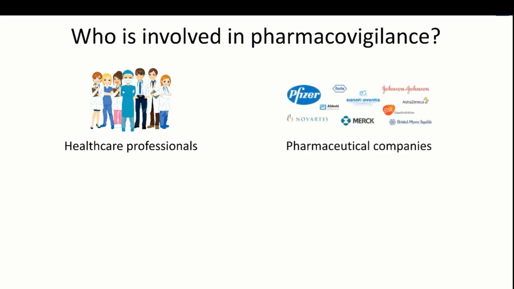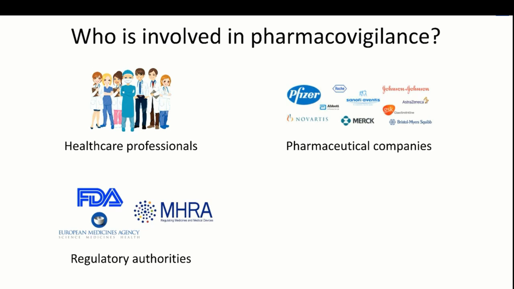Pharmaceutical companies are required to have a system for pharmacovigilance and risk management to make sure that they can take responsibility for their products and act appropriately when any risk is identified. They are obliged to pass on reports of adverse reactions to appropriate medicines regulators. Regulatory bodies such as the Medicines and Healthcare Products Regulatory Agency, or MHRA in the UK, the European Medicines Agency and the Food and Drug Administration in the US have major responsibility for pharmacovigilance.